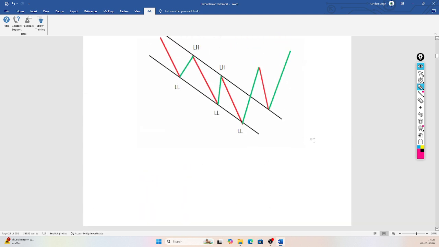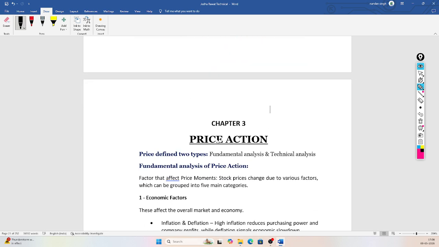I don't know what is happening. Just give me one second, everybody. I hope it works well. Okay, it's working well. So today we don't need any ink pen, I guess.